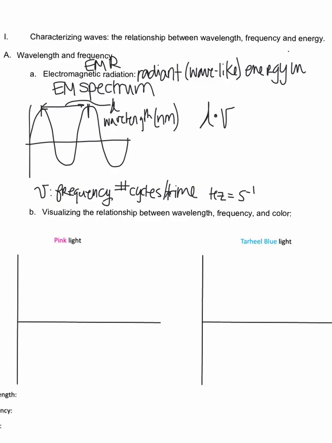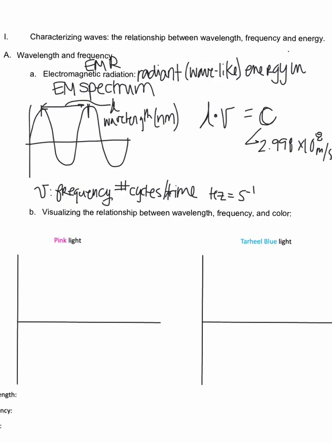So the wavelength, lambda, times the frequency, nu, is equal to c, which is the speed of light in a vacuum. c is equal to 2.998 times 10 to the 8 meters per second, which we often round up to 3.0 times 10 to the 8 meters per second. So if you ever get stuck on the relationship between frequency and wavelength, you can use this equation as a reference point.